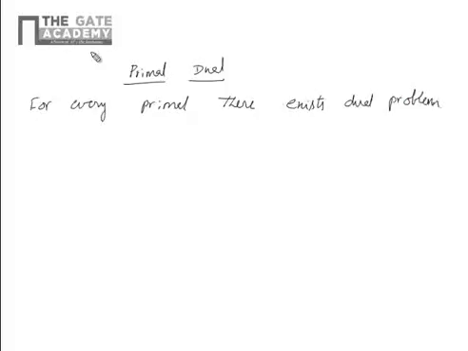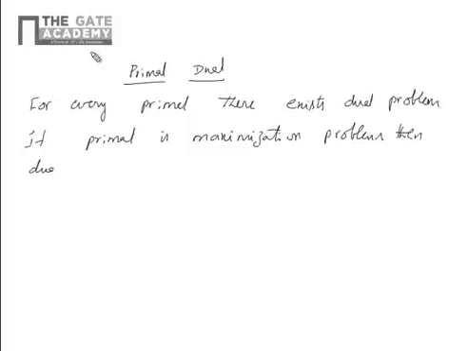If the primal is a maximization problem, where the objective function is maximization, then the dual is a minimization problem.